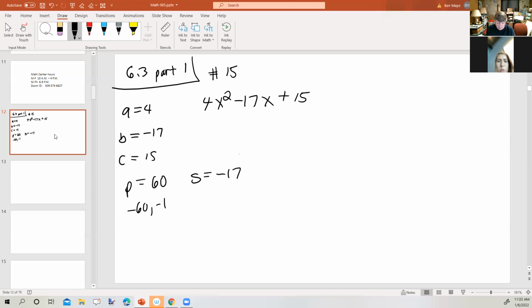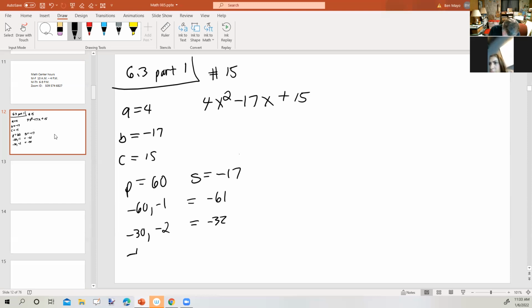That would give me the correct product, but it wouldn't give me the correct sum because the sum would be negative 61. Because negative 60 is even, I could cut it in half and then double the negative 1, and I still have a product of 60, negative 30 times negative 2. Now the sum is negative 32. Still not correct, but we're getting closer, all right?